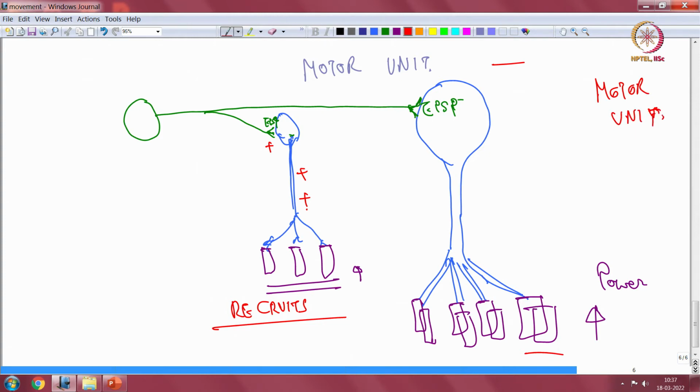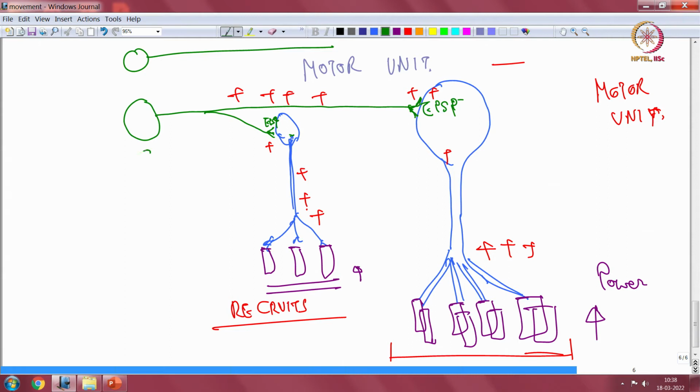Now, if the signal is higher, a larger amount of signal is generated, that produces a larger EPSP for the larger neuron, and that in turn recruits the entire set of fibers when it is stimulated. So, a smaller amount of signal generates the smaller motor unit and a larger amount of signal generates the larger unit. That is one of the mechanisms of control.